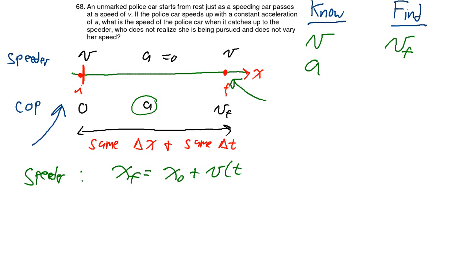That would be t final minus t original. And we set our coordinate system up so the origin is at the beginning of the problem, and so the initial position of the speeder is 0, and we can set the initial time equal to 0. So therefore we would have that x of f is equal to v times t sub f.